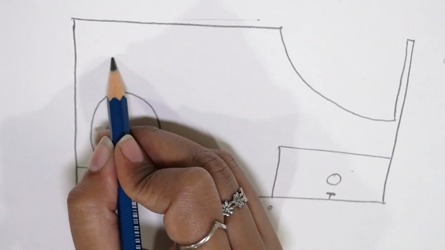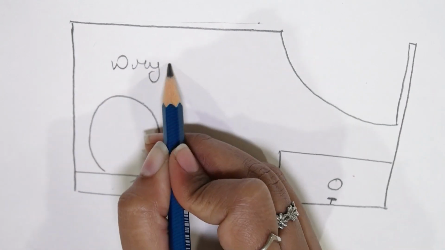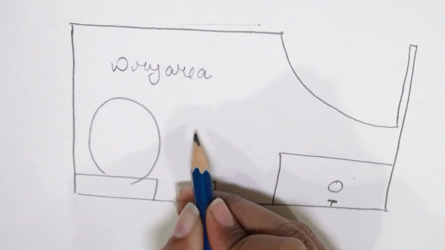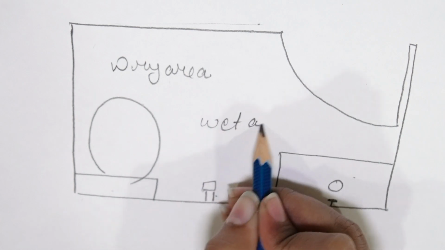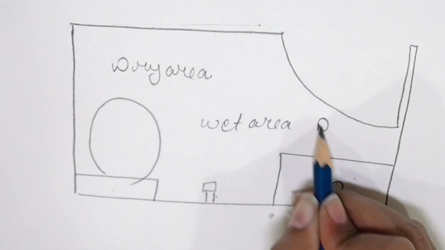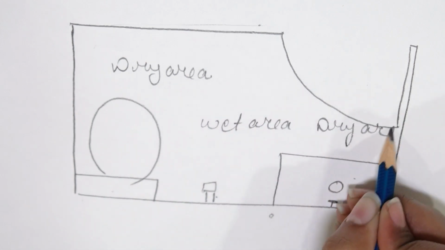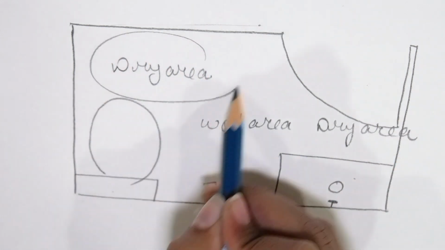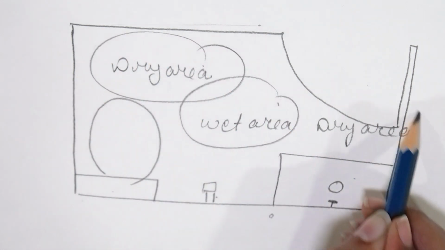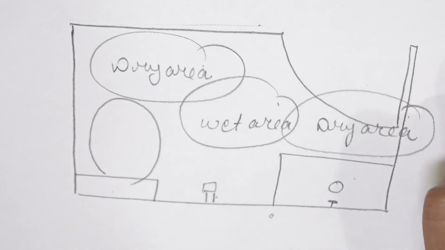Now again, the same thing is happening. This is the dry area, this is the wet area, and again, dry area. See, these three areas are again intersecting. So this planning is also inappropriate.